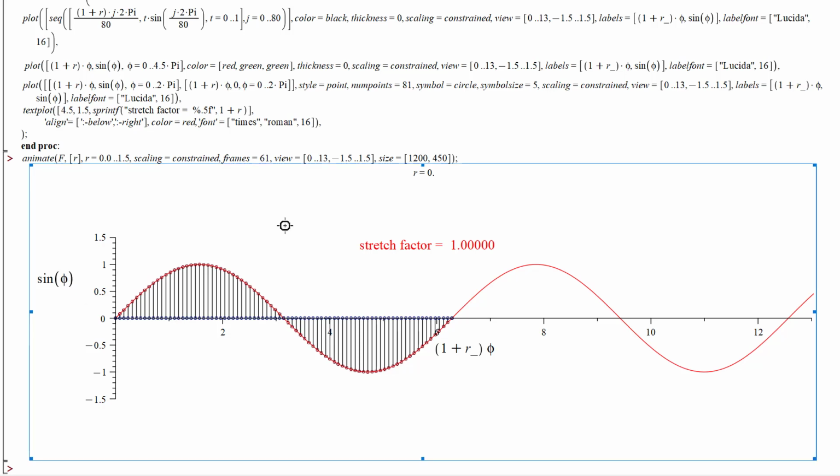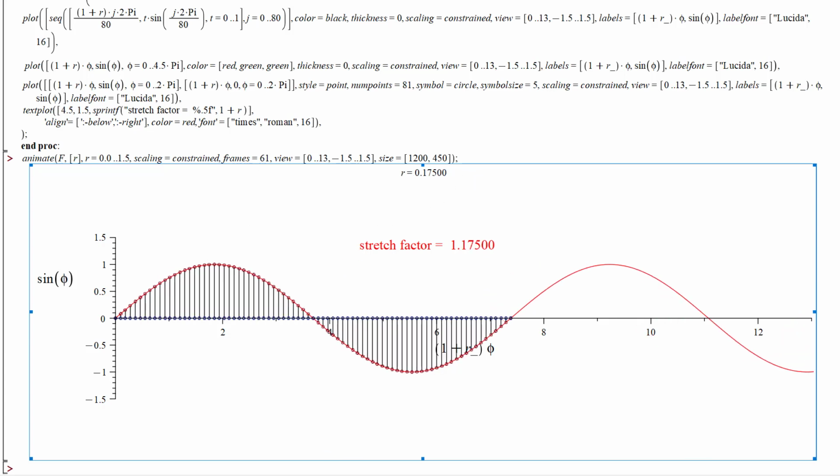So parametrically, I still graph y equals sine phi, but x will be phi if I just graph y equals sine phi. But if I want to stretch it, then I can multiply the x component by 2. So this is the x component of my parametric equation. Right now r is 0, so there's no stretch, or the stretch is, I multiplied by 1, and y is sine phi.